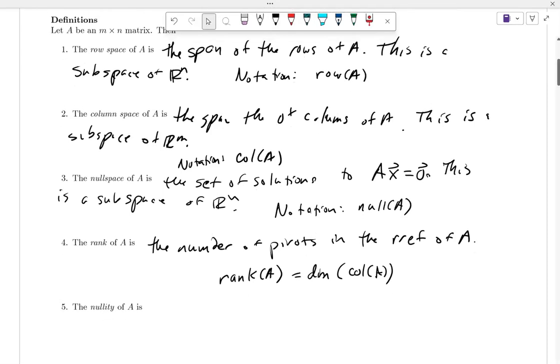Nullity, well, if the rank is giving us the dimension of the column space, or if rank is counting the number of pivots, what do you think nullity might be counting? Number of free variables. That's exactly right. So the nullity of A is the number of free variables, or the number of pivot-less columns, in the reduced row echelon form of A. Forgot an R there.